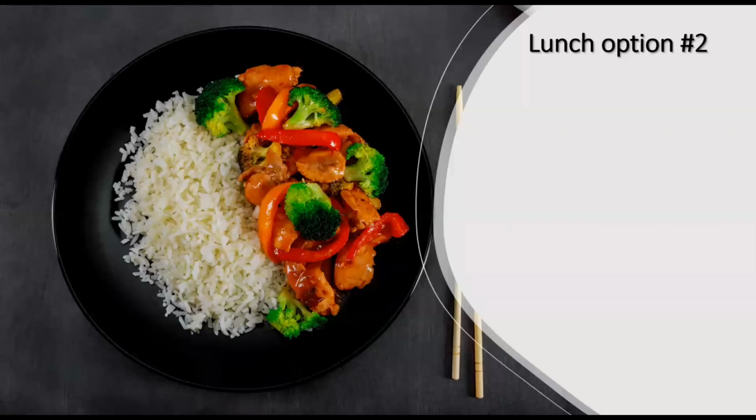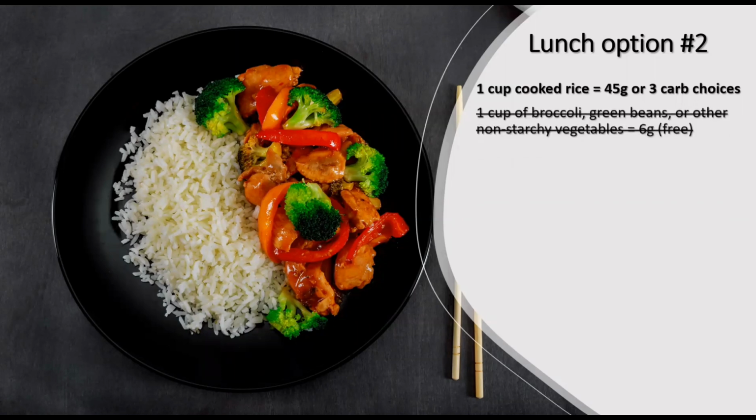Next, let's choose another version, stir fry. We'll start with 1 cup of cooked white or brown rice, which is about 45 grams of carbohydrate or 3 carb choices. 1 cup of broccoli, green beans, or another non-starchy vegetable, which is about 6 grams of carbohydrate, and we will count it as free.